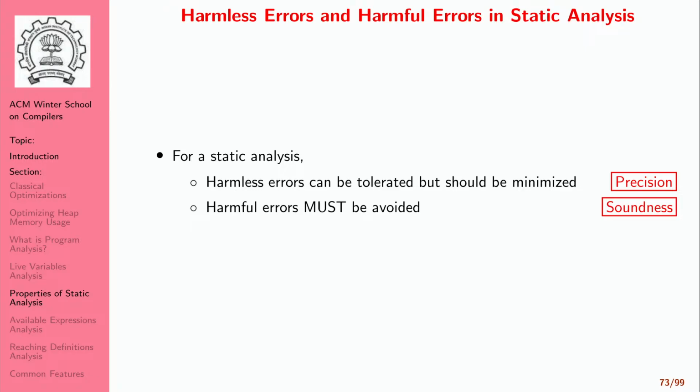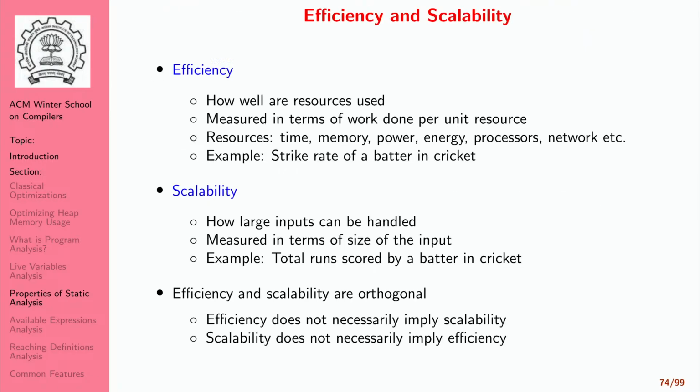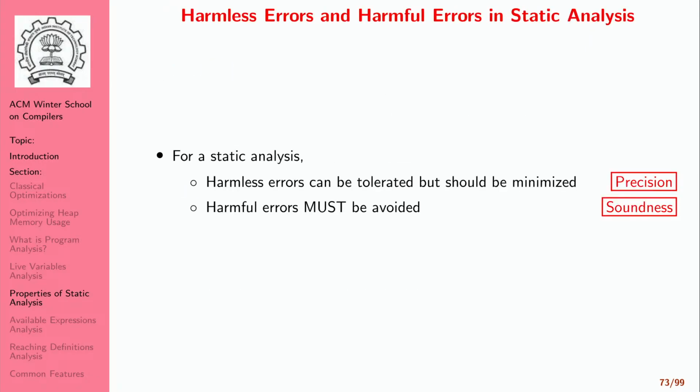So let me see, what do I have next, then we'll come back to this. So let's take live variables analysis. In the case of live variables analysis, our application is doing dead code elimination. Give me an example of a harmful error in liveness analysis and a harmless error in liveness analysis.